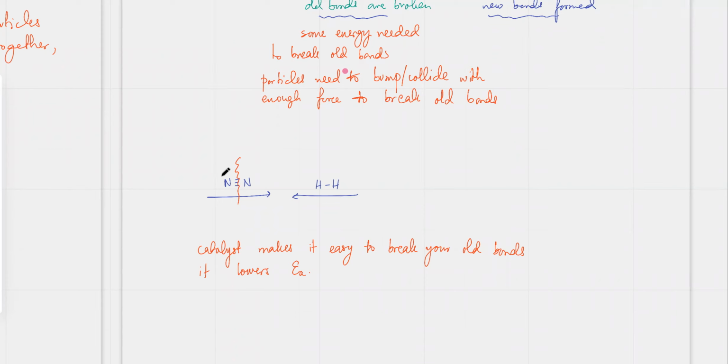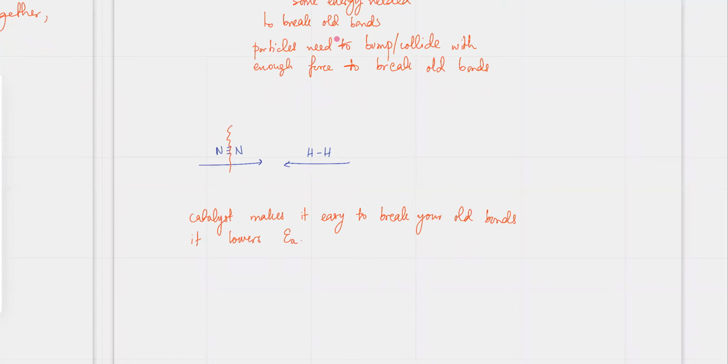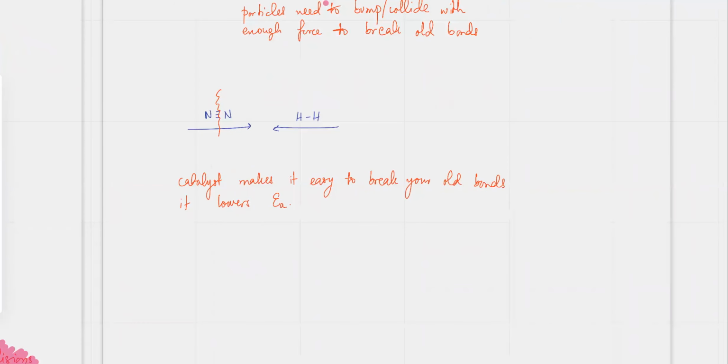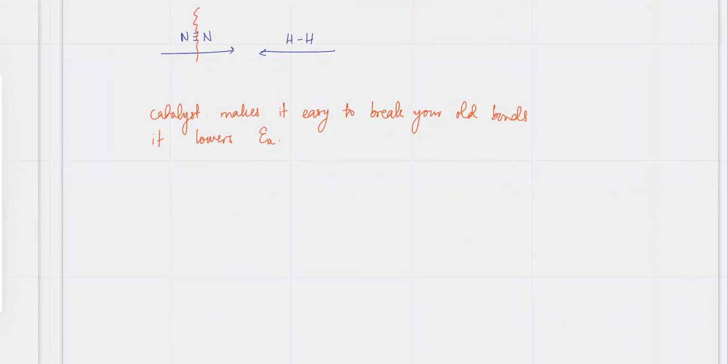So the point is every reaction needs some activation energy, because to break the old bonds, they need some activation energy. If it's really hard to break old bonds, the reaction would be slow.